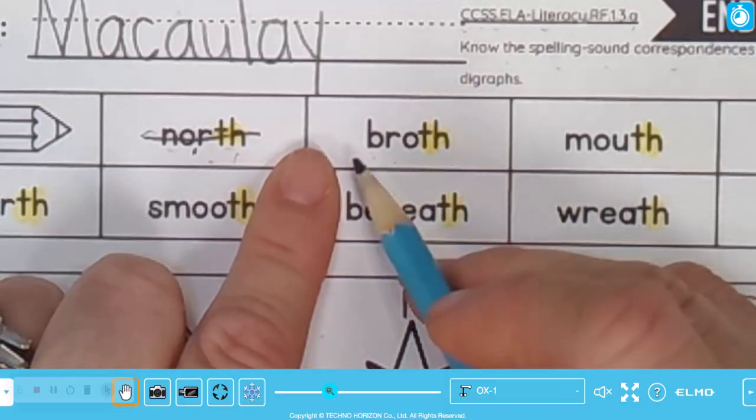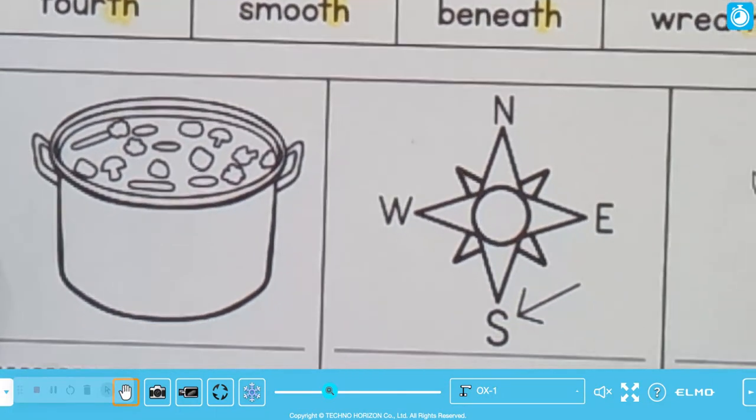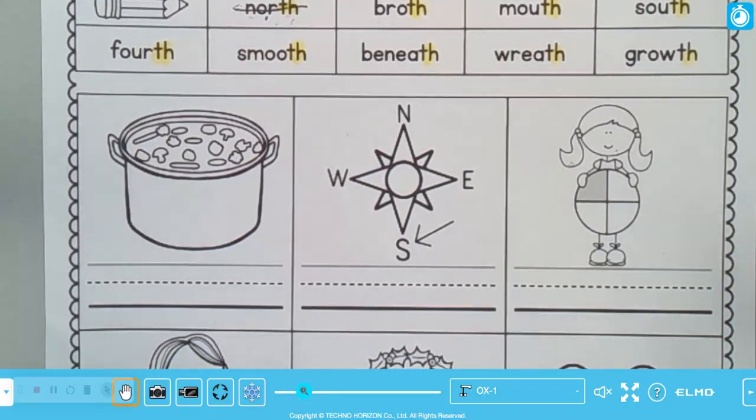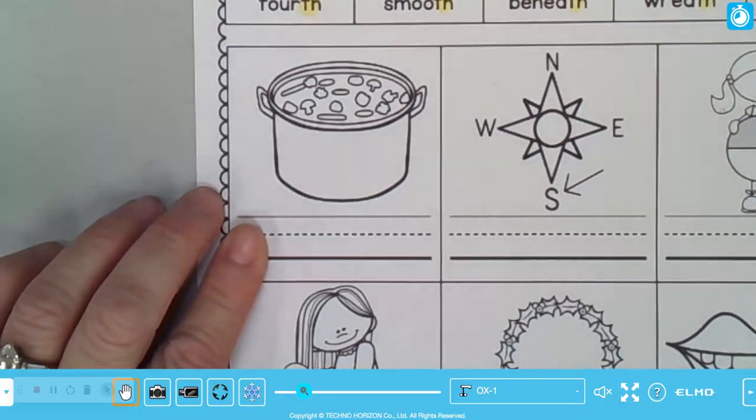Yes, the word is broth. And broth is the watery part of the soup. So which one of these pictures here shows us broth? Yeah, this one. This is the watery part of the soup. So let's write broth here.